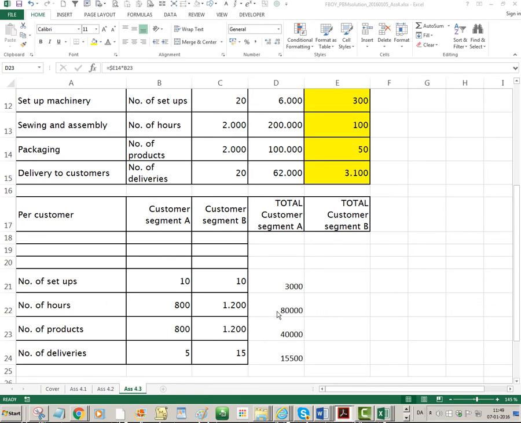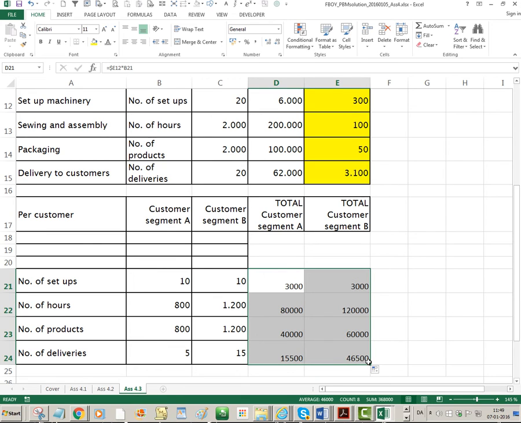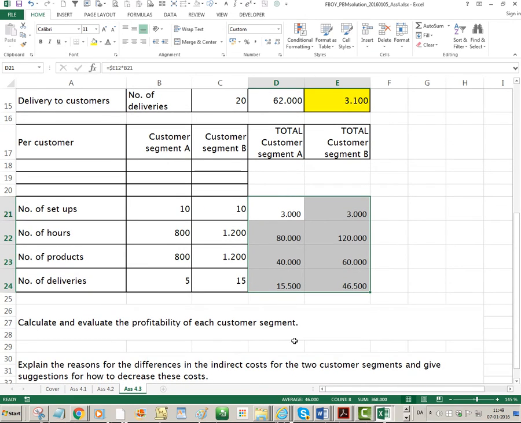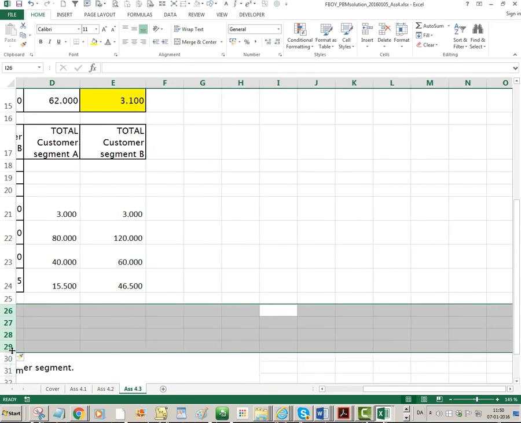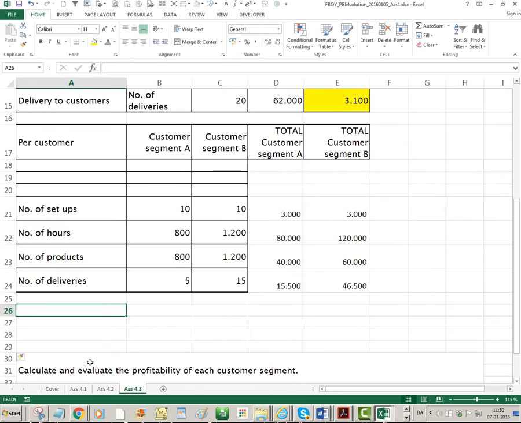So we have this one. Okay, if my formulas are made correctly, I should be able to copy it over here. No, something went wrong. There we are. Boom, boom, boom. We'll add some extra rows here.